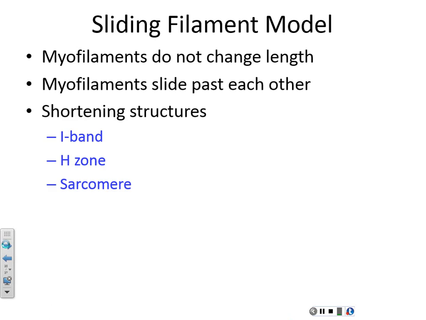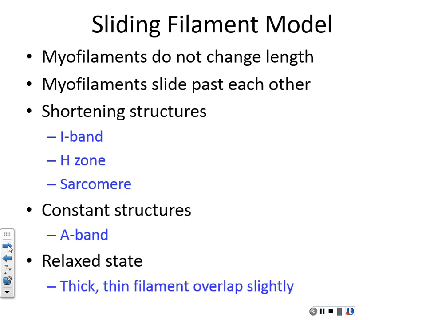So that's why we have the sliding filament model, right? And we know that the I band, the H zone, and the sarcomere become smaller. The H zone completely disappears. And the A band is the one that remains the same length, right? And of course in a relaxed muscle, the overlap is not that much, a slight overlap.